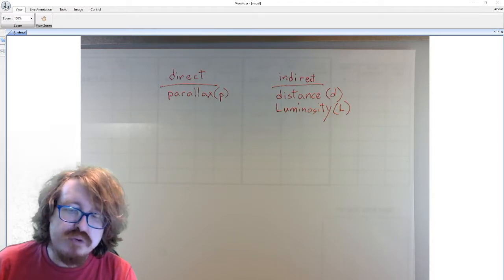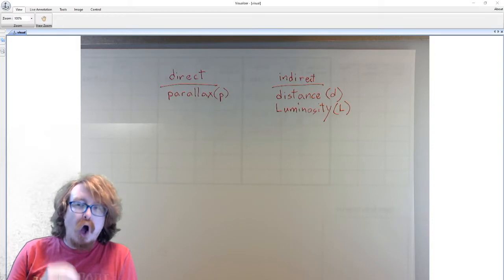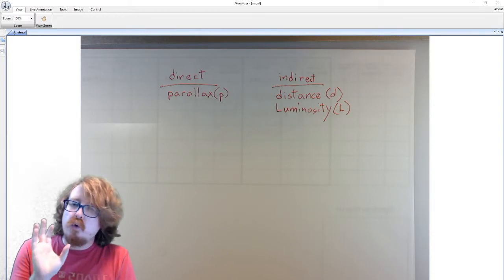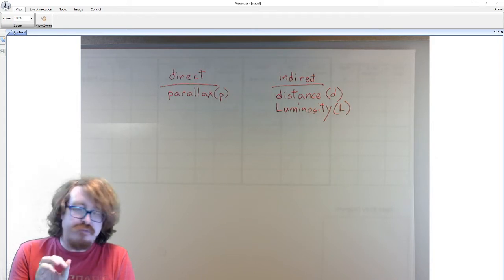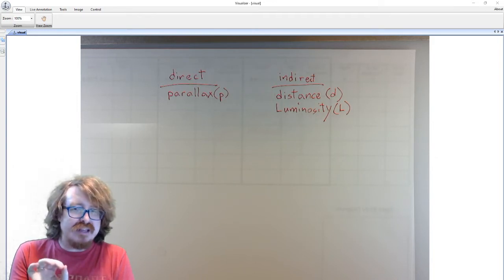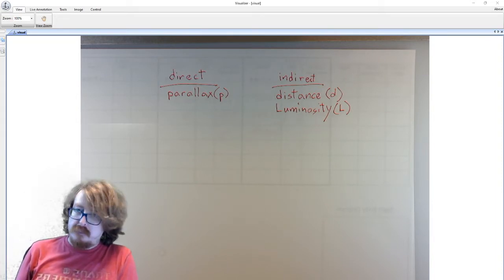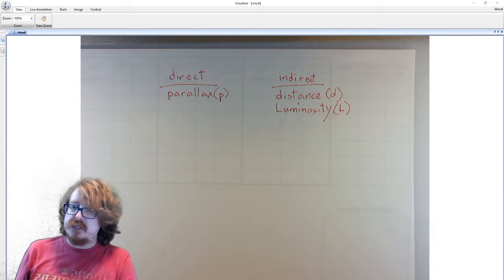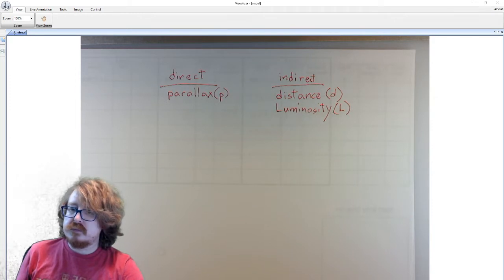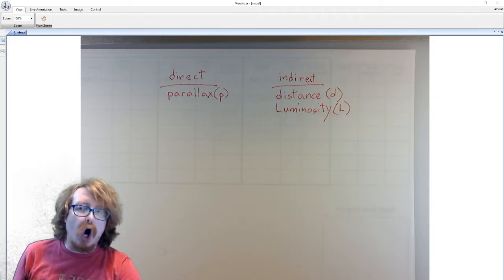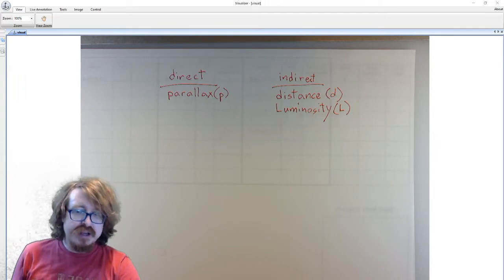So if you were going to measure the total light that a star put out in 1 second, where would you have to view it from? Yeah, you would have to be on all sides of the star.